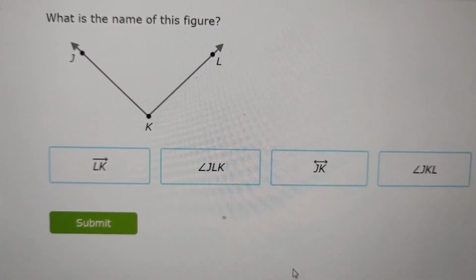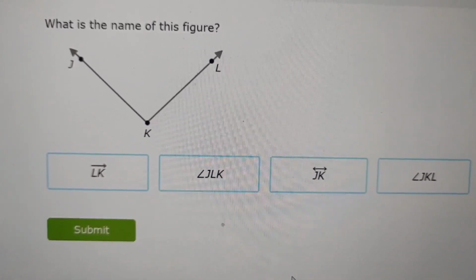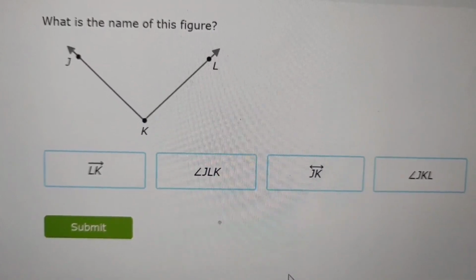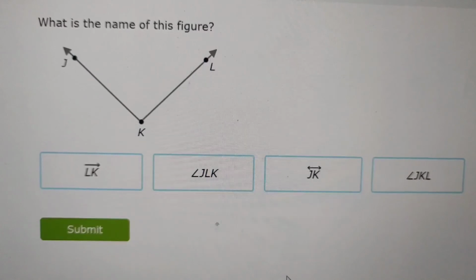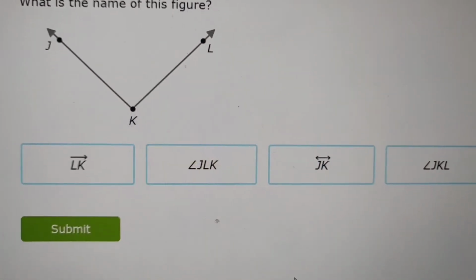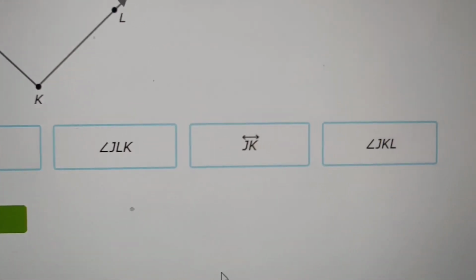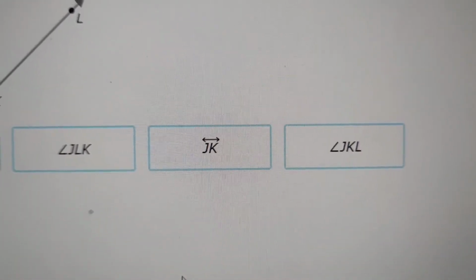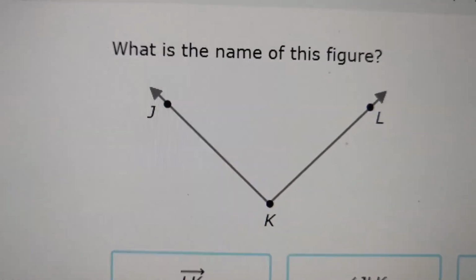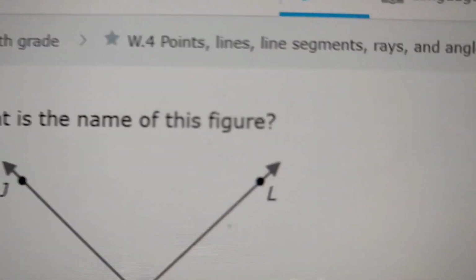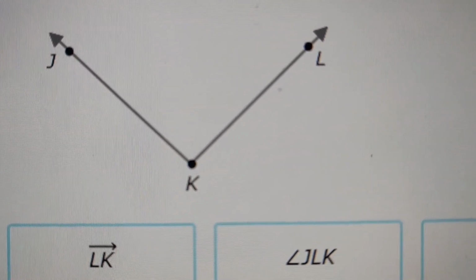And the last one we're going to do together is name this angle. And I noticed that in our choices for the angles, we'll just stick with those 2, we have JLK and JKL. And to do JLK, we'd have to go like this, JLK, and that doesn't work.